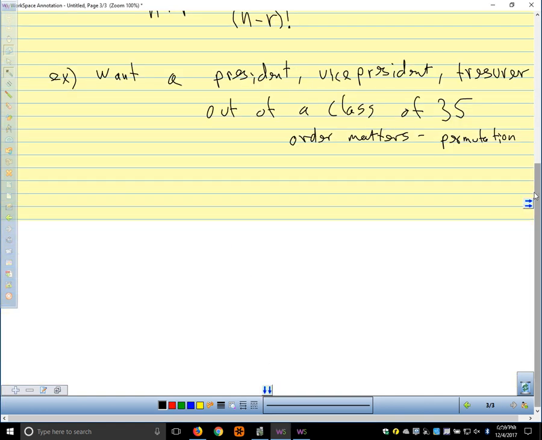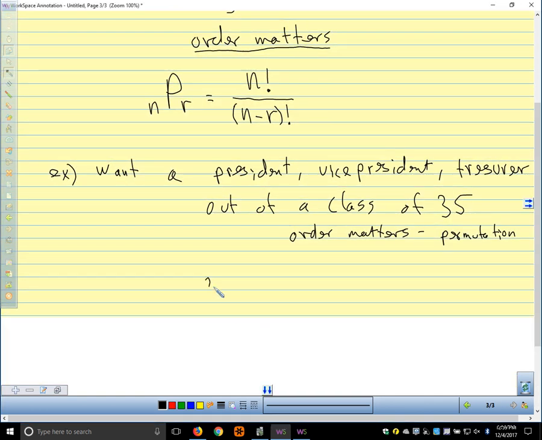And what we're going to calculate here is 35P3. So we have 3 things that we're picking. So that's going to be 35 factorial over 35 minus 3 factorial. We know how to do this by hand.